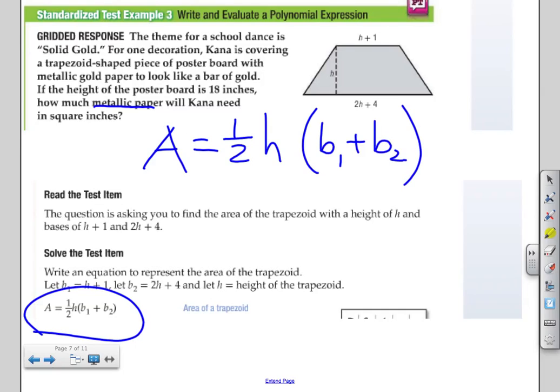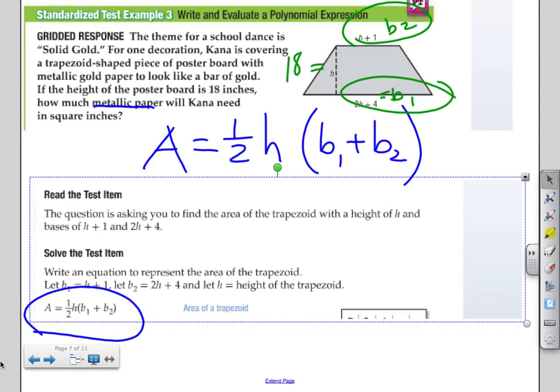And that you probably won't remember, and usually on most standardized tests, they will give you that formula to use. Okay, let's see if we can apply this. So let me remind you that this is base 1 and this is base 2. It really doesn't matter which is which, but you have to understand that one of these is this and one of these is this, and we know the height is 18. All right? Okay, let's see if we can put that into our formula that we know for area of a trapezoid.